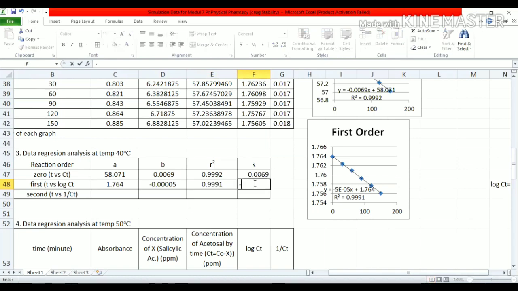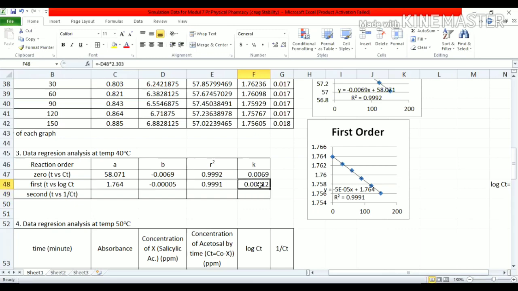How do we see the linearity of the second order reaction? For the second order reaction, we can make a graph 2. We can move the graph because we cannot see the data. Okay, select the data.